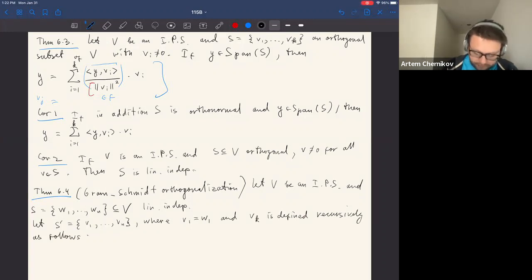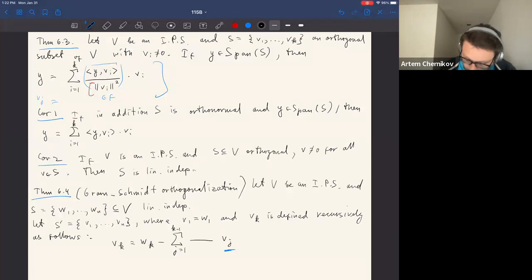Okay, so we have a formula. We take Vk to be Wk minus the sum over all j from 1 to k minus 1. Okay, and this is going to be a linear combination of the vectors Vj, the previously constructed vectors. So we already know what Vj is, right? We are arguing by recursion on the index of the vector.